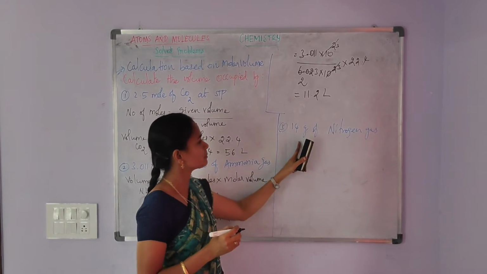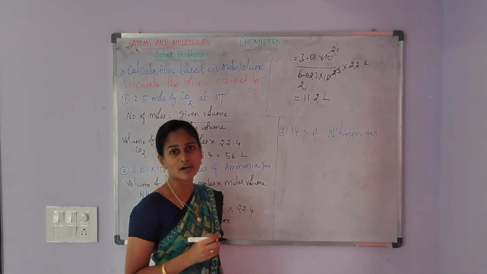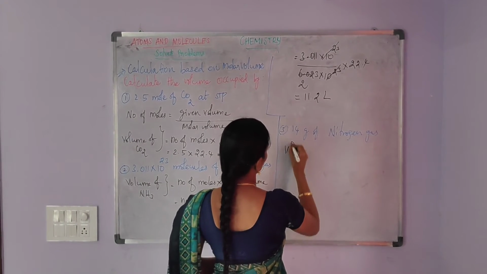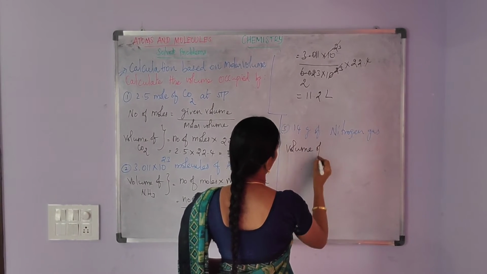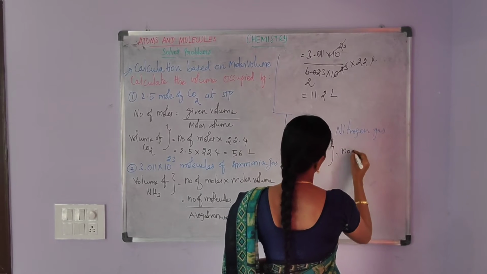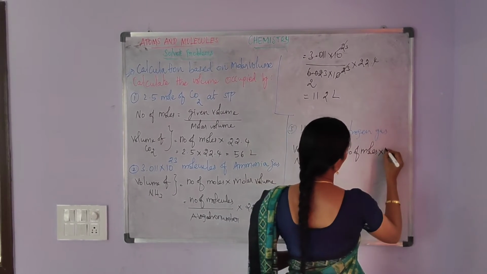And then the third problem is: calculate the volume occupied by 14 gram of nitrogen gas. The formula is volume of nitrogen gas is equal to number of moles into molar volume.